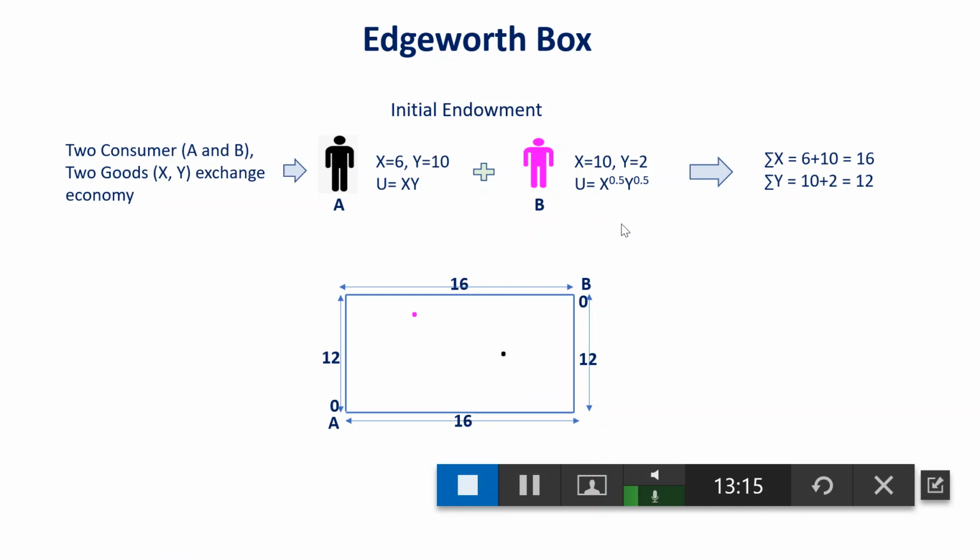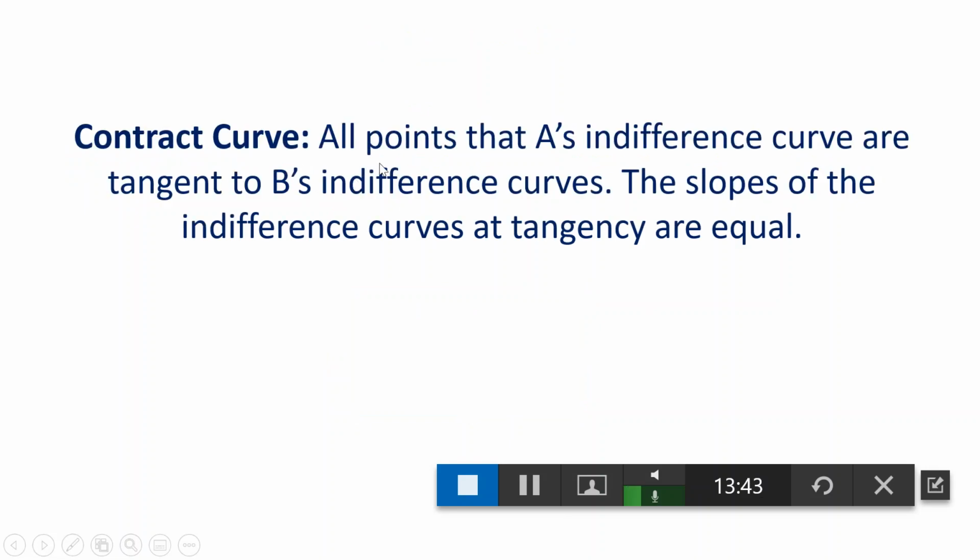Now we know the indifference curves for A and B, and those curves can be drawn, and then we can find where the curves are tangent to each other. To find this, the slope of A's utility curve will be equal to the slope of B's. The contract curve is all the points where A's indifference curve is tangent to B's indifference curve, so the slopes at the tangency are equal.